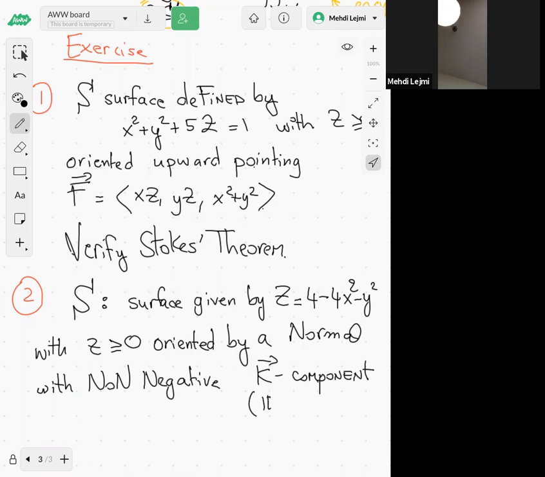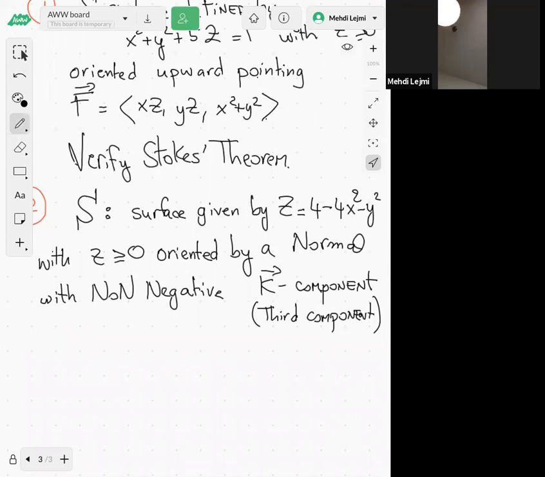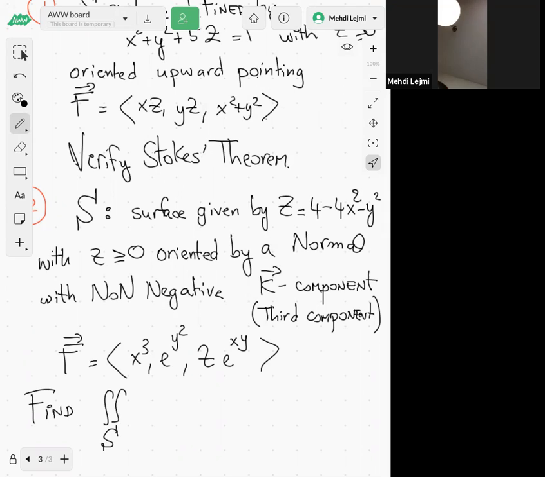So the third component is non-negative. All right, and let's say vector field F is x cubed e to the y squared and z e to the xy. Okay, and the question is to find the double integral over S of curl of F.